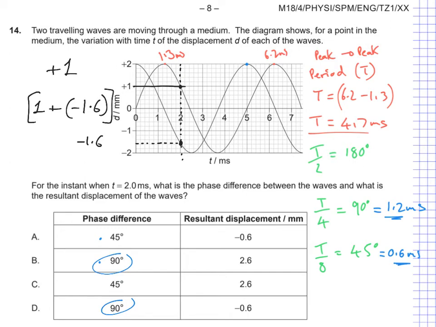And hopefully you can see that's going to give us the resultant displacement of negative 0.6. So that's this one or this one. So clearly the answer is D.